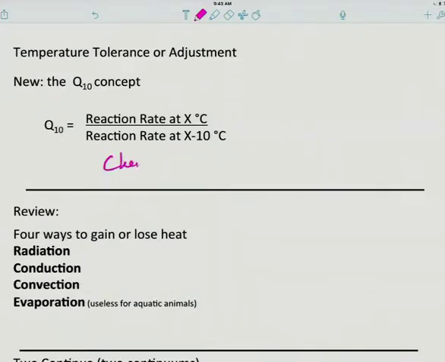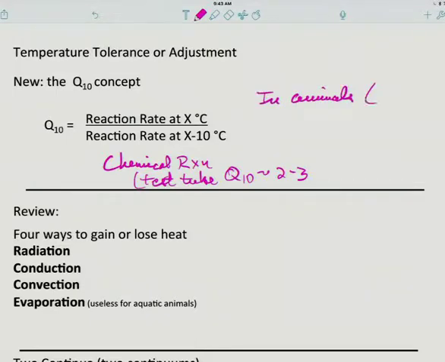So in chemical reactions, in a test tube, in animals, if they have time to adjust, the Q10 is often about 1.